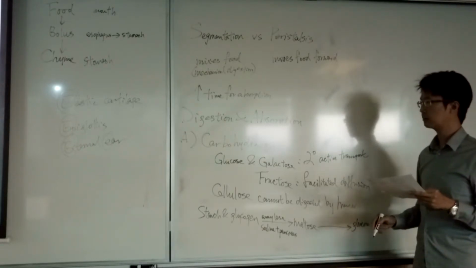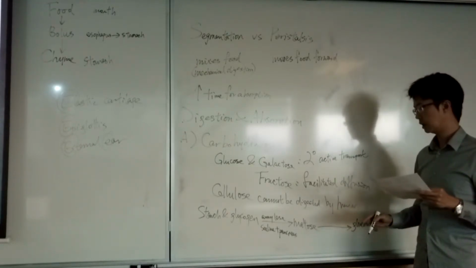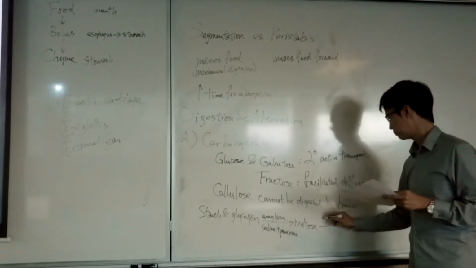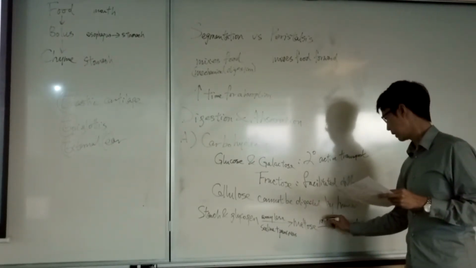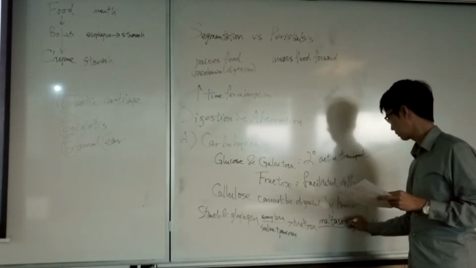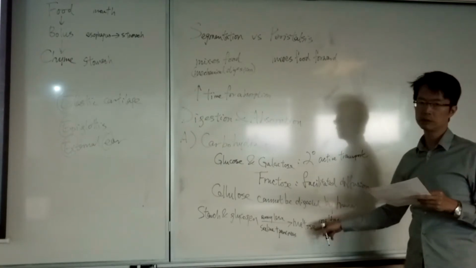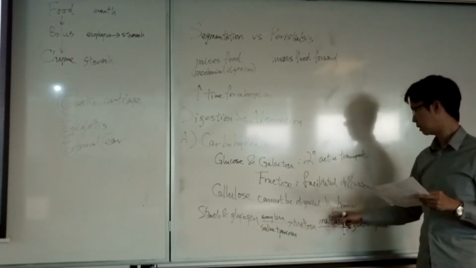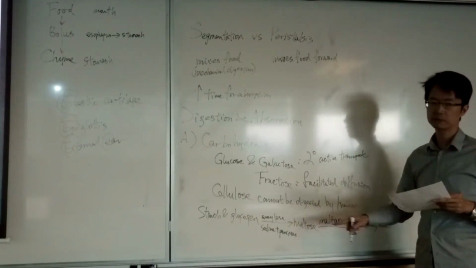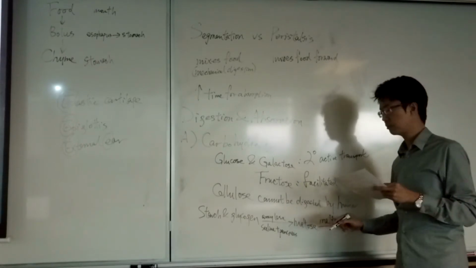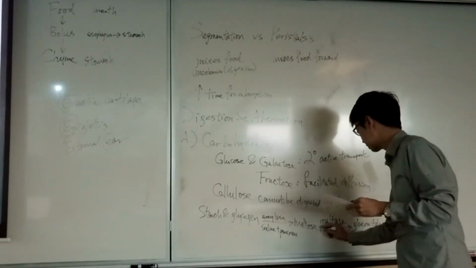Since we are talking about breaking down maltose, the logic is that the enzyme is called maltase. Remember, OSE means sugar, ASE means enzyme. So maltase is an enzyme that can break down maltose. Where can we find maltase? Small intestine.